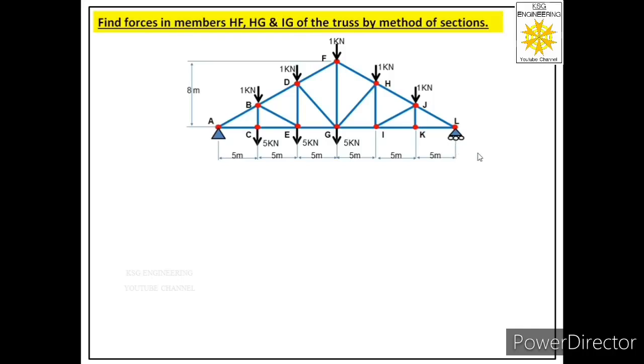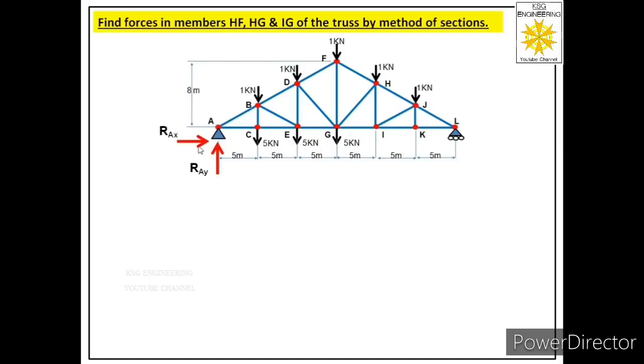So let us label these reactions. Let us start with the pin joint first. We have labeled its normal reaction and we have assumed the direction of this reaction upward. Let us label it as RAY, that means reaction at A in Y direction. Let us label the other reaction, that is along the surface of the pin support, and let us consider the direction of that reaction towards right.